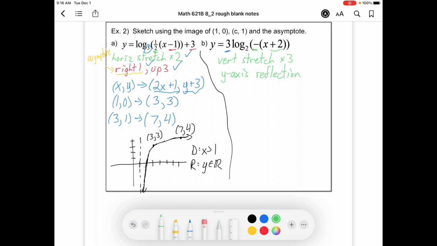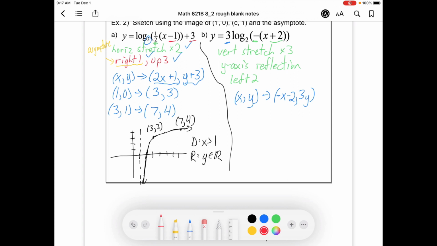It's also got an x plus 2, so that's left 2. Let's build a map. So, vertical stretch by a factor of 3, that affects your y's. You're going to get 3y. Y-axis reflection actually turns your x negative. And then we go left 2, so x minus 2, and that x is negative.